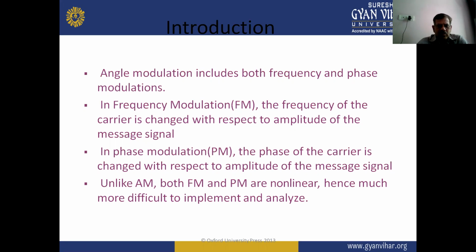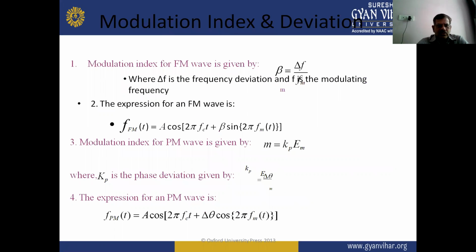Unlike AM, both FM and PM are nonlinear, hence much more difficult to implement and analyze. The modulation index for an FM wave is given by delta equal to del f upon fm, where del f is the frequency deviation and fm is the modulating frequency.